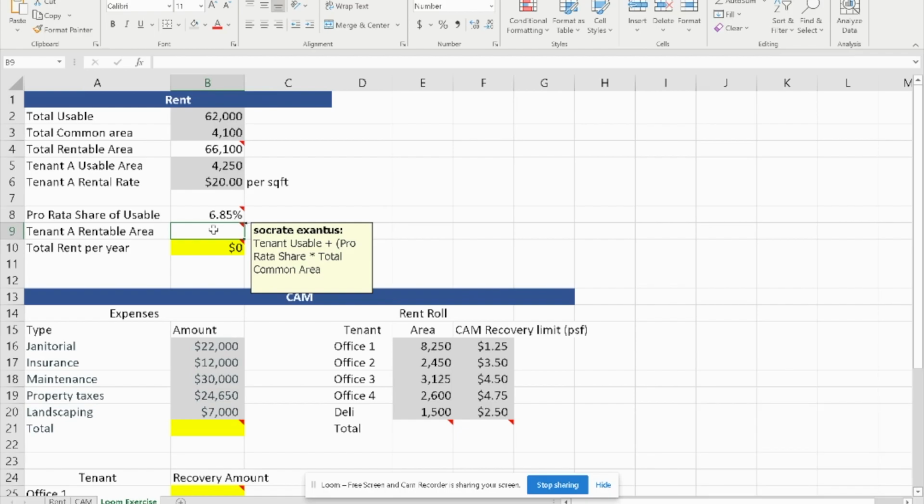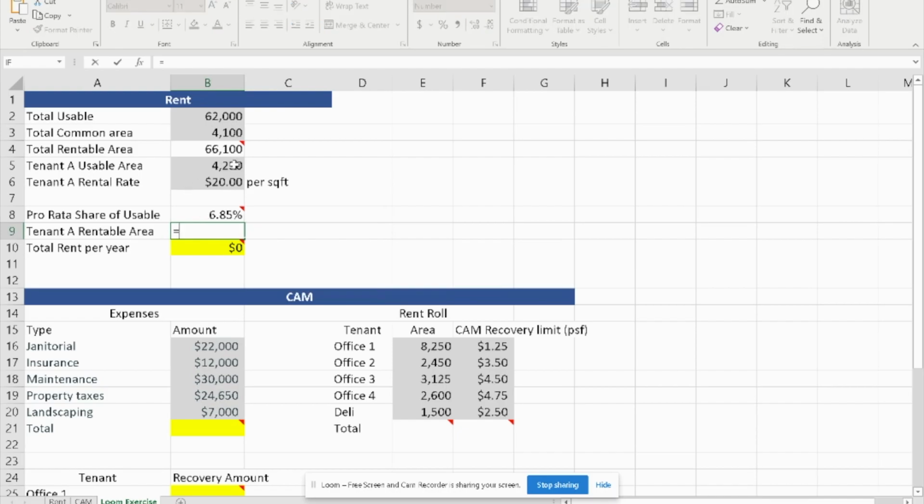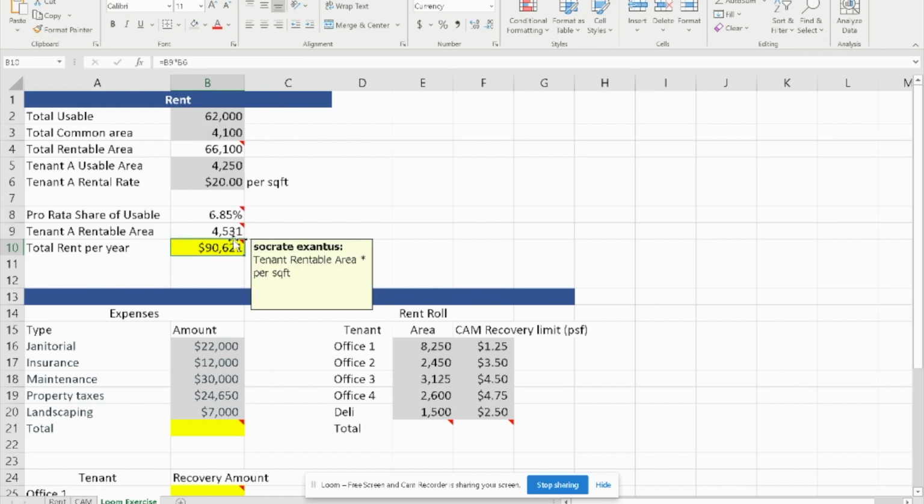And to calculate the tenant A rentable area, some notes I left here for you: it's going to be the tenant usable plus the pro rata share times the total common area. You have 4,531.